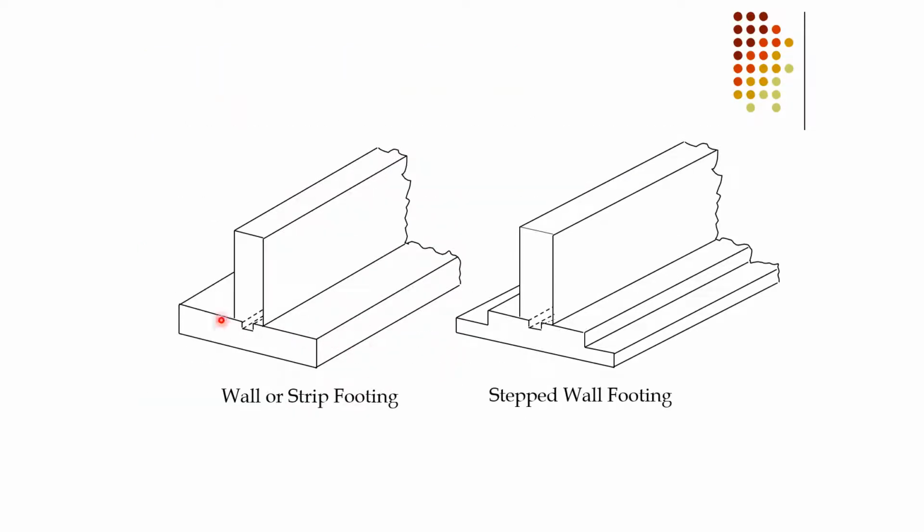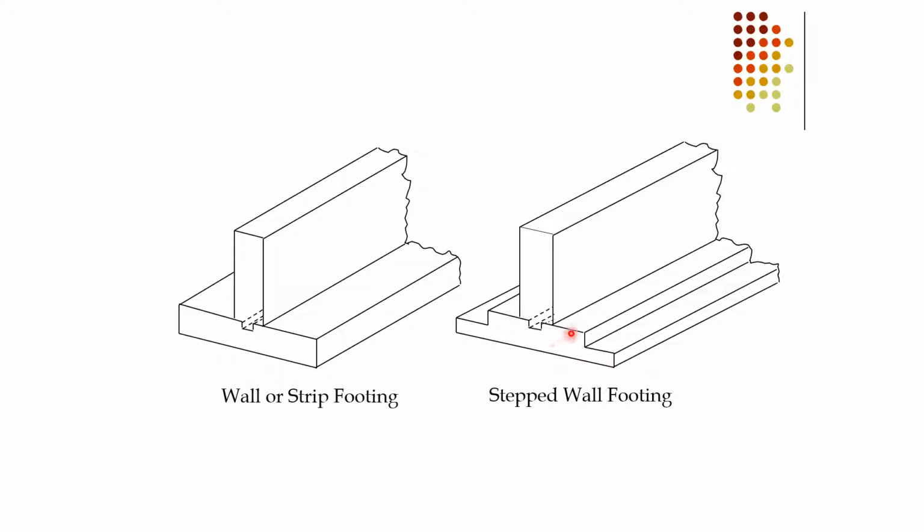Here is the wall, here is a footing pad. The footing pad will continue, so that's why it is also called the strip footing. Sometimes, to improve efficiency, this slab will act as a cantilever.